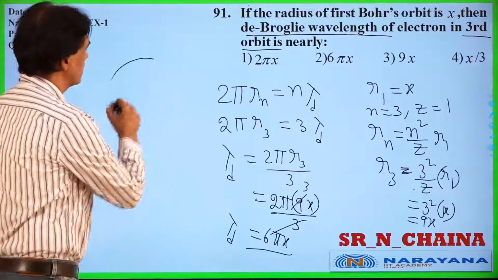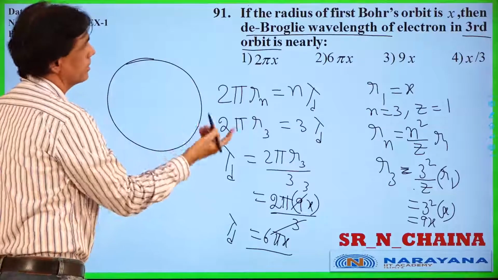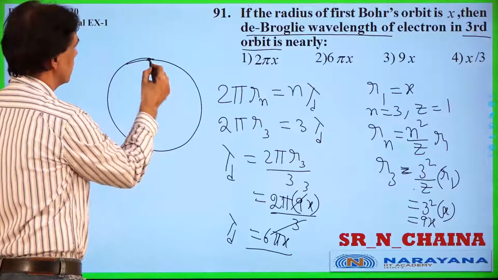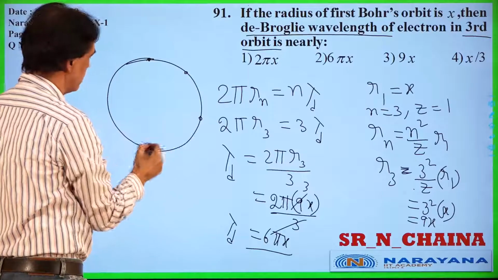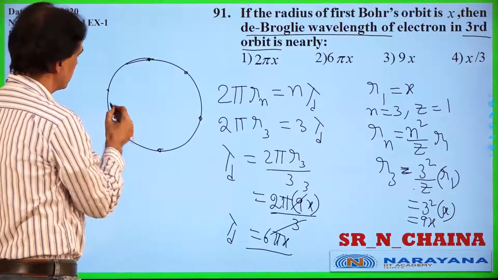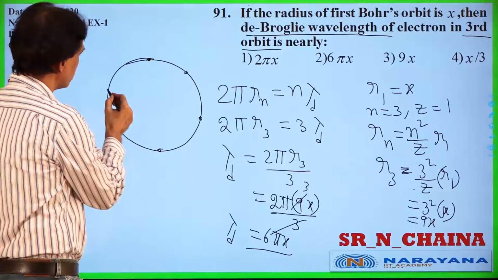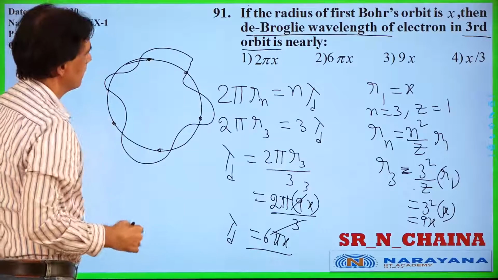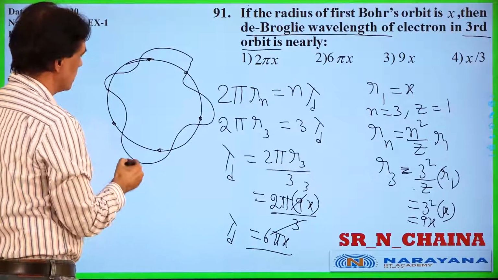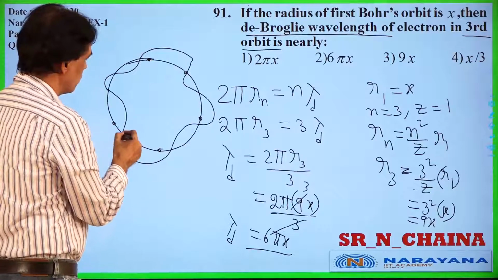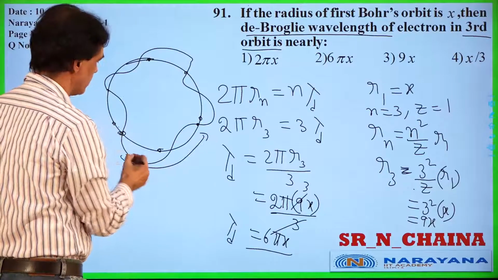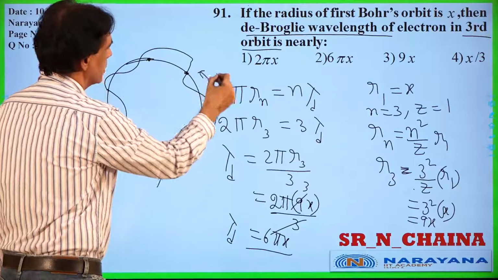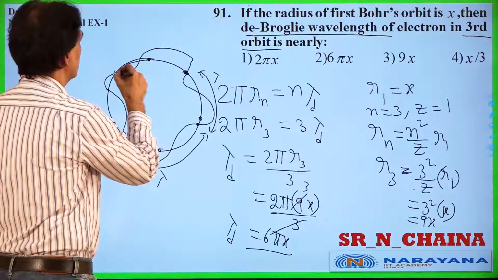Basically, say this is the orbit of the electron, and if it is the third orbit, then there will be 3 wavelengths according to him. If I draw like this, say this is one wavelength, from here to here, length is lambda, from here to here another wavelength, another lambda, and from here to here another.